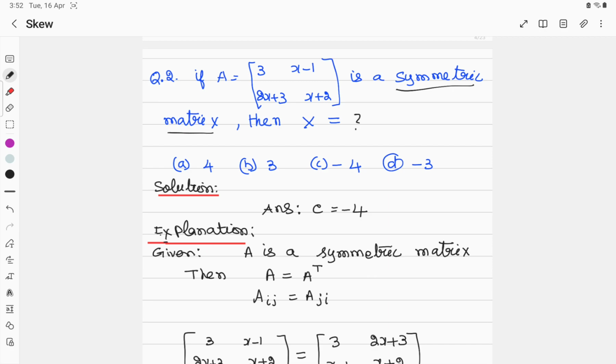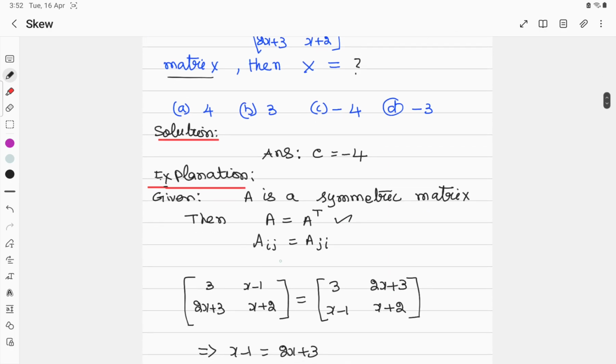என்ன கொடுத்துருக்காங்க? A is a symmetric matrix. We know that A is a symmetric matrix-னா A is equal to A transpose ஆகும். Therefore, elements are interchange ஆகும். Aij is equal to Aji. So, the matrix 3, x minus 1, 2x plus 3, x plus 2 becomes 3, 2x plus 3, x minus 1, x plus 2. இது ரெண்டும் equal matrix.